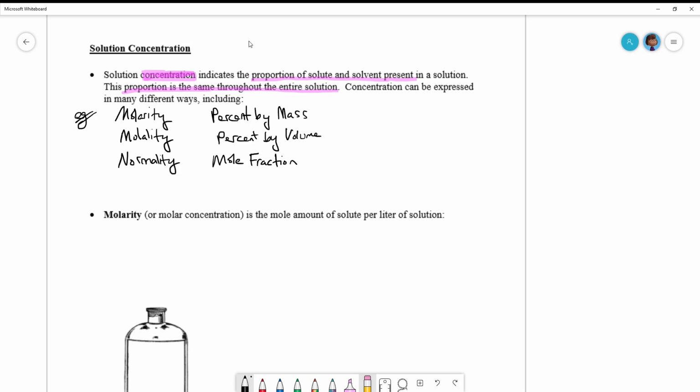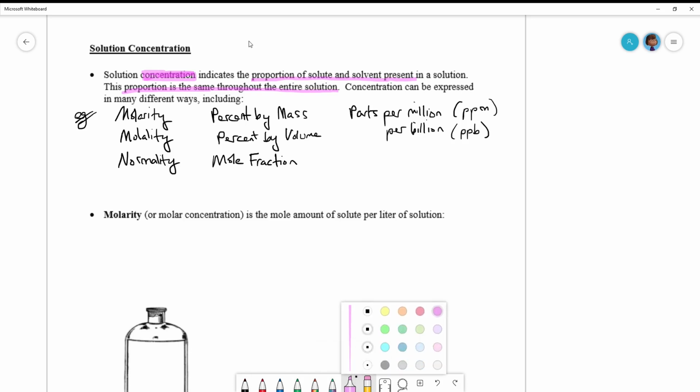And still other ways to express concentration include parts per million or parts per billion. You might know these as ppm or ppb. Well, that's a lot of different methods here.